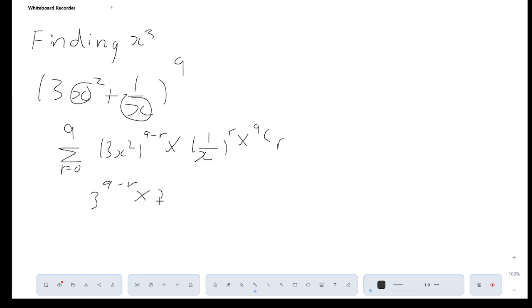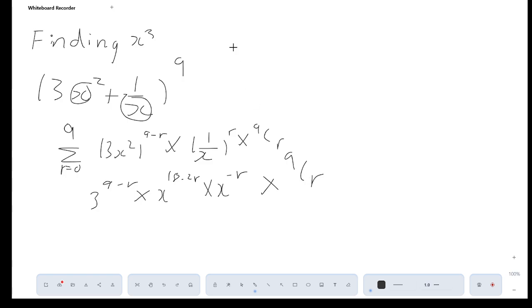So we just do this. 18 minus 2r times x negative r. We are lucky because this would have been times negative 1 to the power of r if we had an expression that was different. So lucky for that, and times 9Cr.